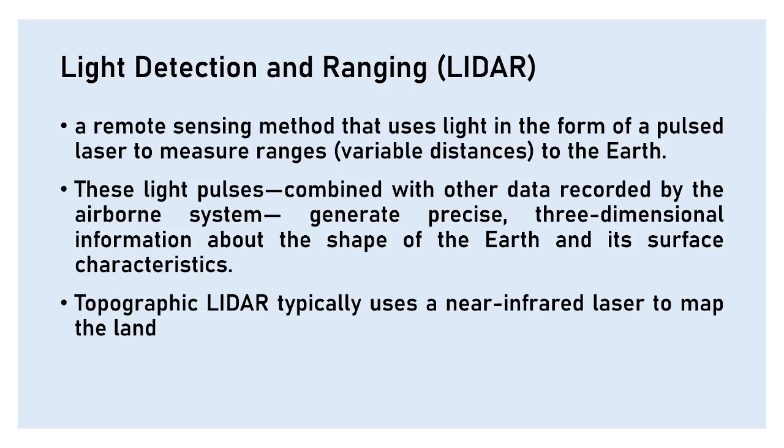When these light pulses are combined with other data recorded by an airborne system, it generates precise three-dimensional information about the shape of the earth and its surface characteristics. So the more information you get, the better it is to get a very detailed image. Topographic LIDAR typically uses a near-infrared laser to map the land.